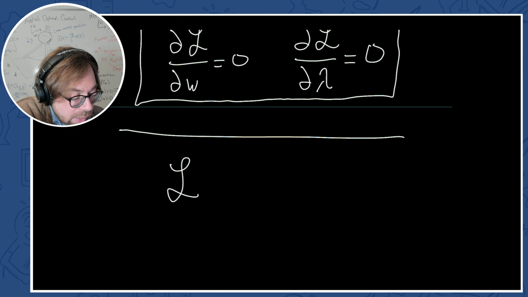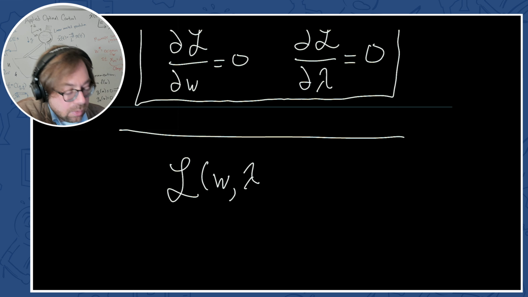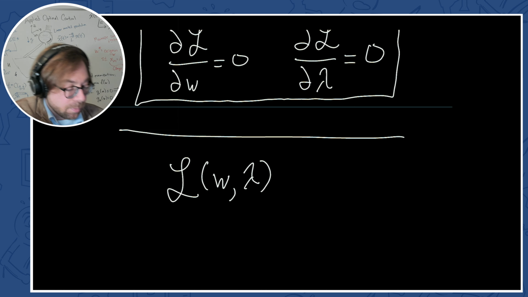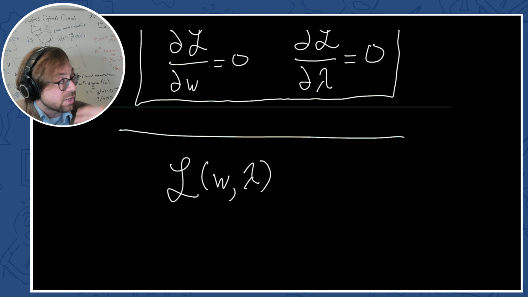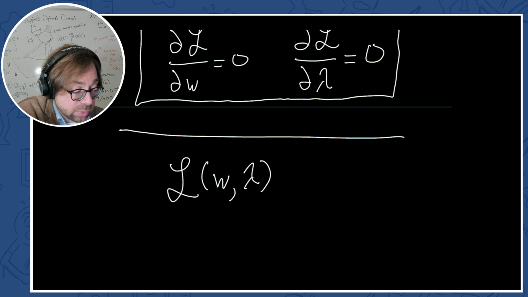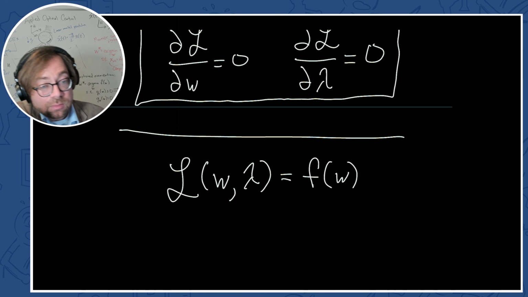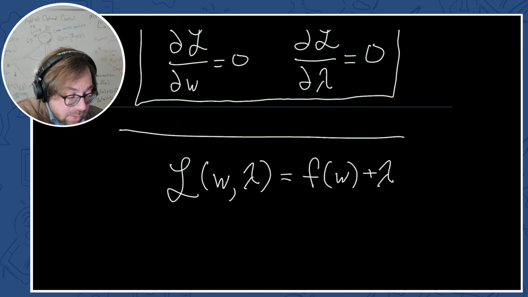So the Lagrangian is going to be a function of all of our decision variables and our Lagrange multipliers. Again, these Lagrange multipliers are just scalar values, real numbers. And that's going to be equal to f of w plus lambda g of w.